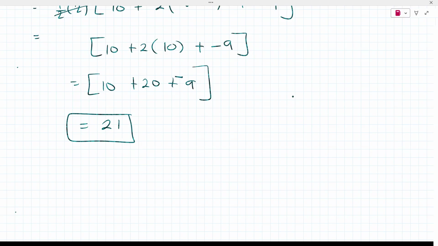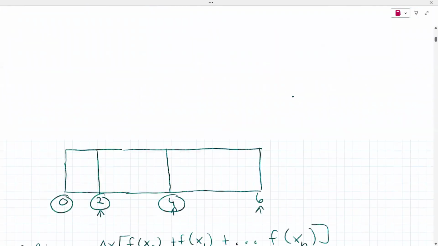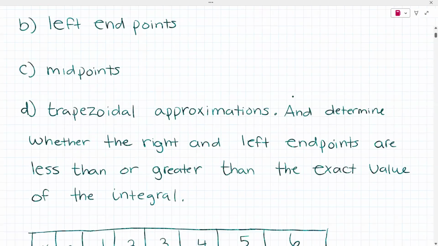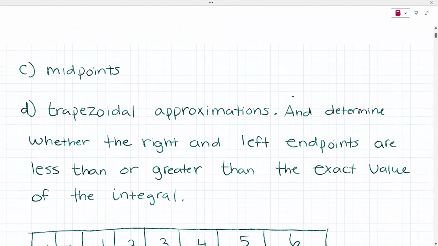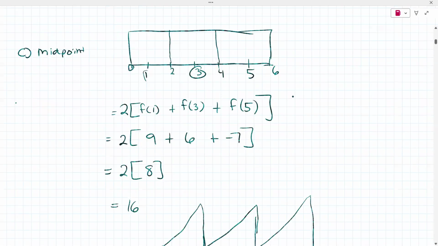Okay, we did all that, and then the last part of the question says, and determine whether the right and left endpoints are less than or greater than exact values of the integral. So if you kind of look at it again, here's 0, here's 2, here's 4, and here's 6.